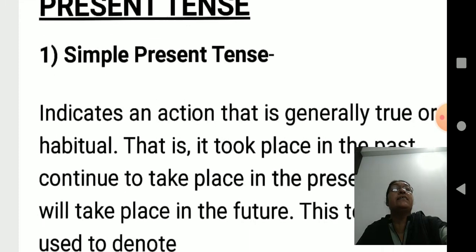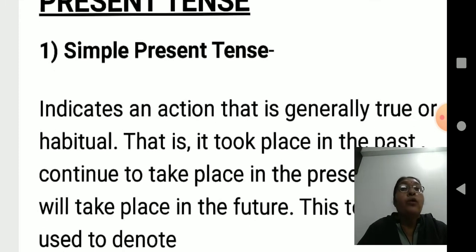In present tense, do you know? No? Four parts. It is divided into four parts: simple present tense, progressive present tense, meaning continuous present tense, then present perfect tense, then present perfect progressive tense, present perfect continuous tense. Okay बच्चे?